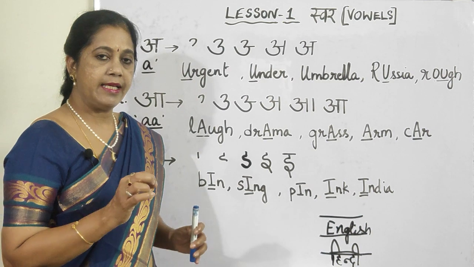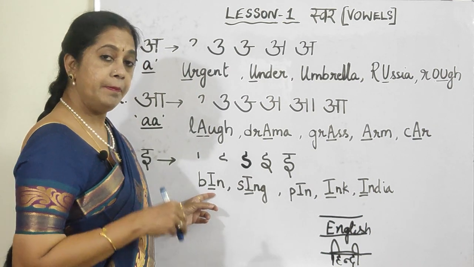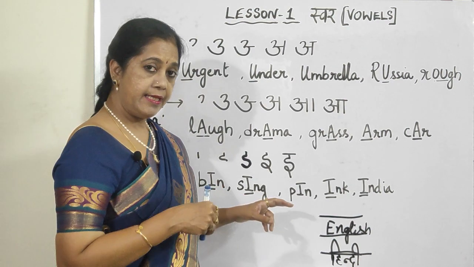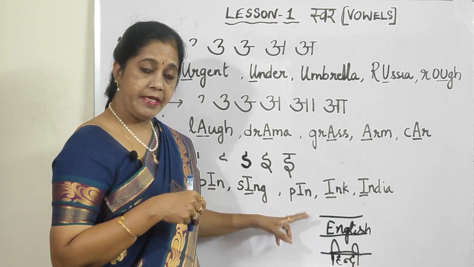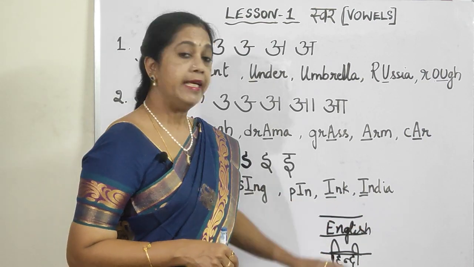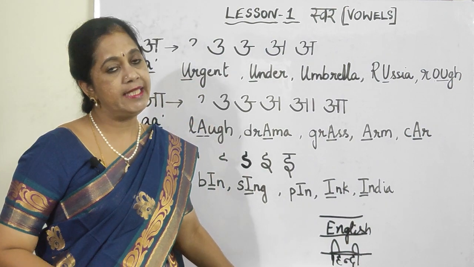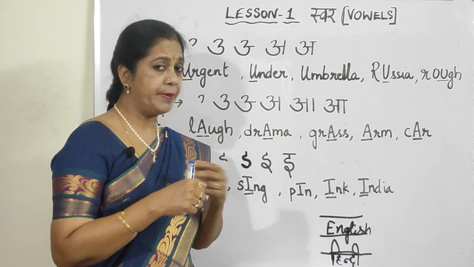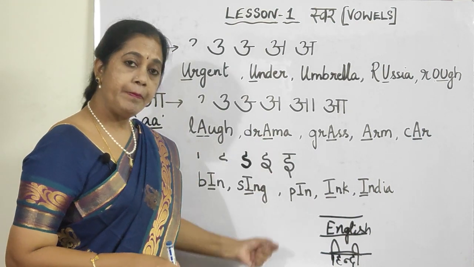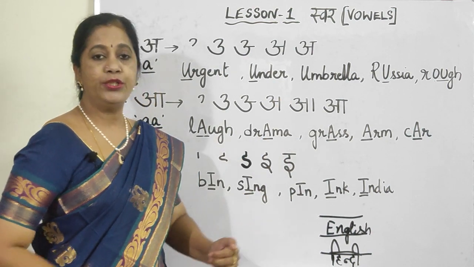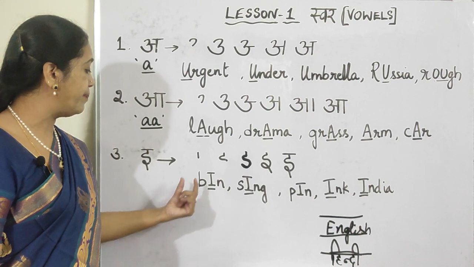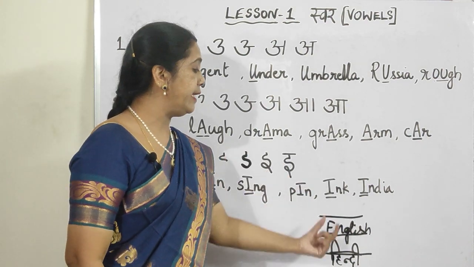Bin, sing, pin, ink, India. You don't say India with a drag, you say India. See how short the pronunciation is. You don't drag anywhere, so the pronunciation here should be the same. Bin, sing, pin, ink, India.